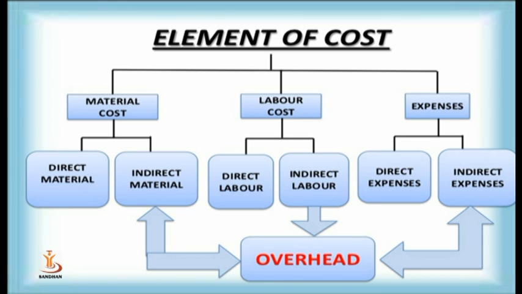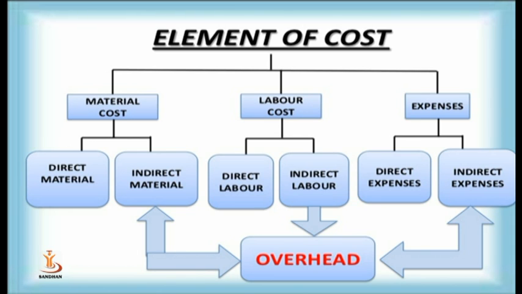Direct material and indirect material are the parts of material cost. In the same way, the labor cost is also direct and indirect, and other expense is also divided into direct expense and indirect expense. So here the indirect part of material, labor and other expense becomes the overhead.